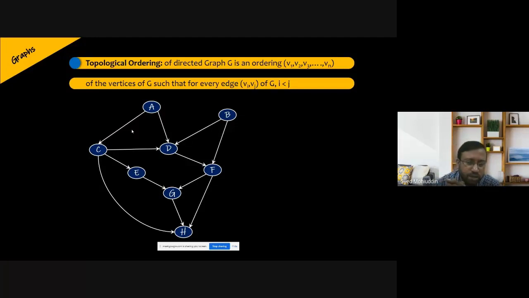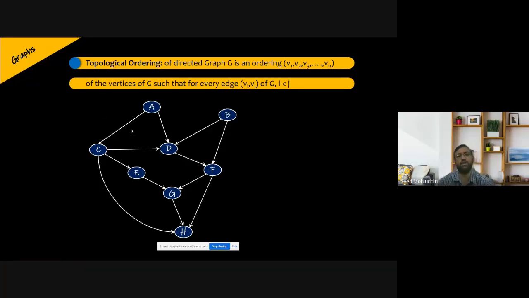In the same way, if we look at A and E, is there a direct edge? No, there is no direct edge between A and E. Then can we say A is before E in the ordering? There is no edge from A to E, but A will always be before E. Why?